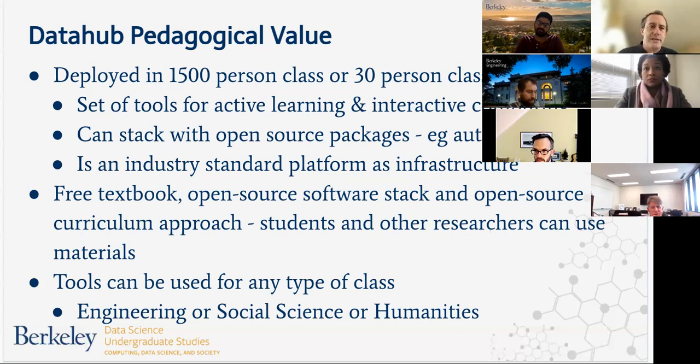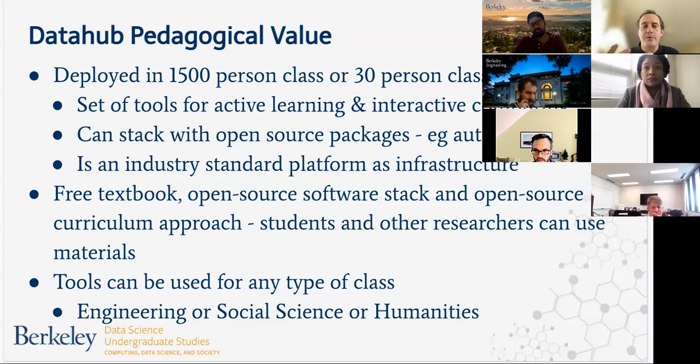And I also want to say these things are stacking together. If you look at the Data 8 stack, there's an open source textbook, there's a software stack under it, and the curriculum itself is open source. I don't know how this is different for every faculty member, but the Data 8 project has been able to scale broadly because of the way they built the curriculum and hosted it in public places.